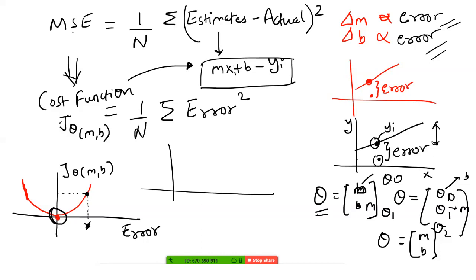Let's say I have this graph and I have this one line over here. Is the slope of this line positive or is it negative? Yeah, it is positive, right?